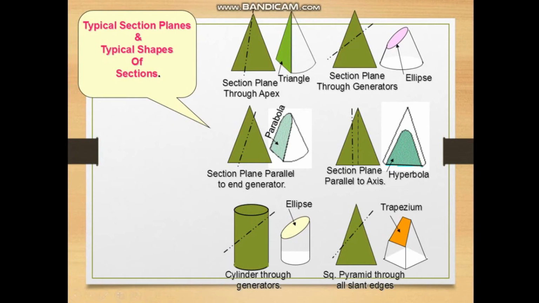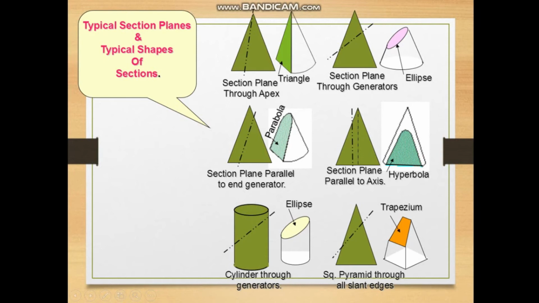When we consider a cone, a section plane passing through the apex gives a section shaped like a triangle. When the section plane passes through all the generators, the shape is an ellipse.